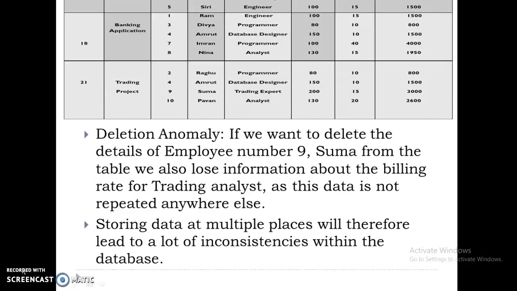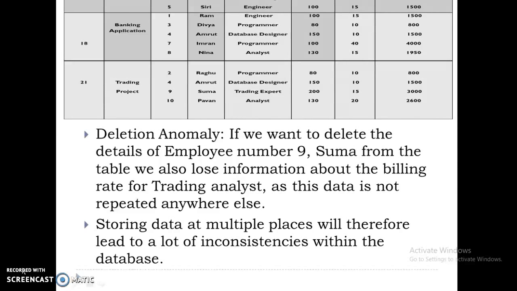If employee 9 chooses to leave the company and we want to delete her data from this structure, we also lose some associated information. That is, a training expert makes 200 charge per hour. Because employee 9 happens to be the only training expert in our entire example, the charge per hour for that particular job group is also lost when we try to delete this particular employee.